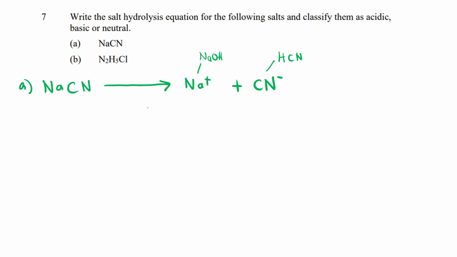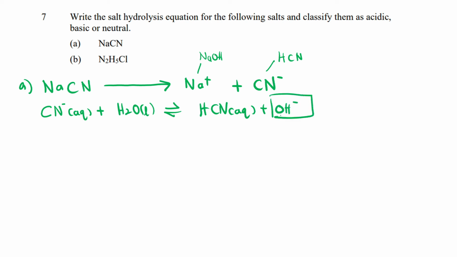So yang akan undergo hydrolysis adalah CN minus. Jadi CN minus plus H2O, so they will produce, dapat semula weak acid kita, plus OH minus. So the presence of OH minus give us salt as basic salt.